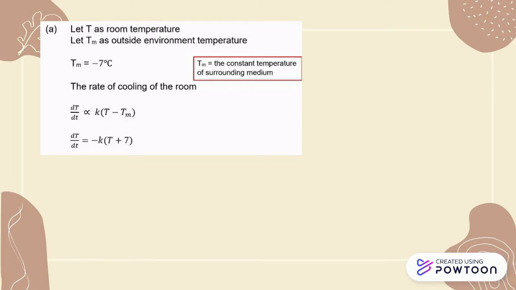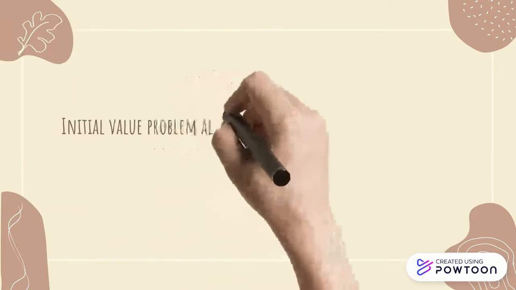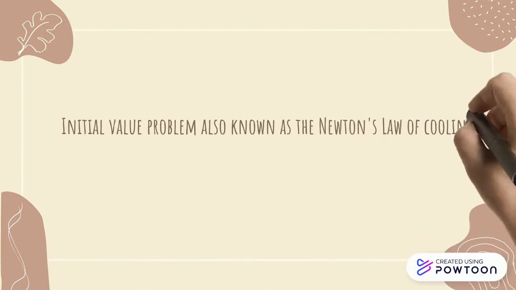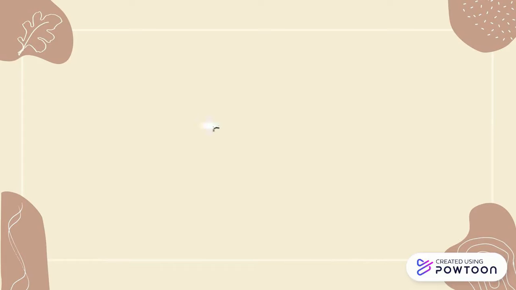Then, the rate of cooling of the room must be directly proportional to the temperature difference, and we got the equation dT/dt = -k(T + 7). This initial value problem is also known as Newton's law of cooling.